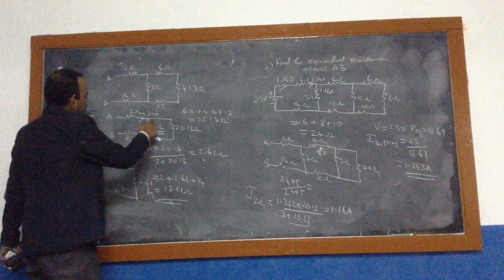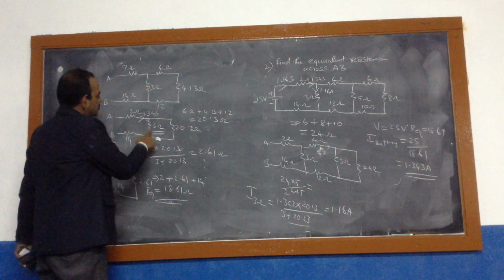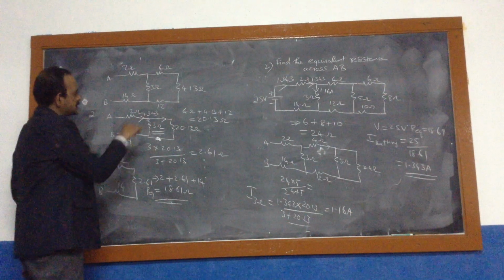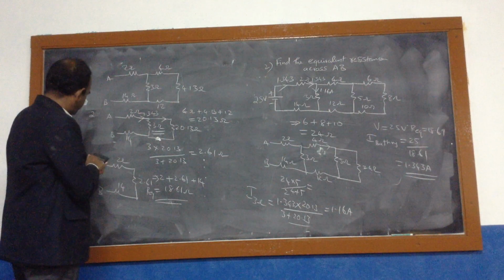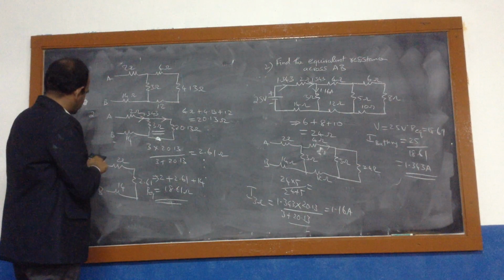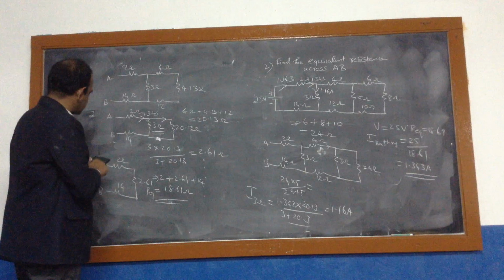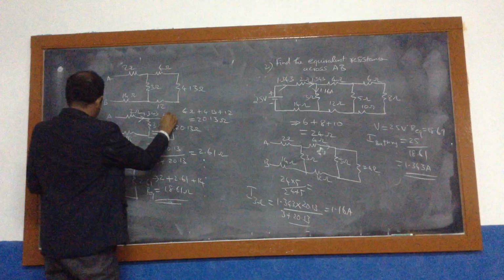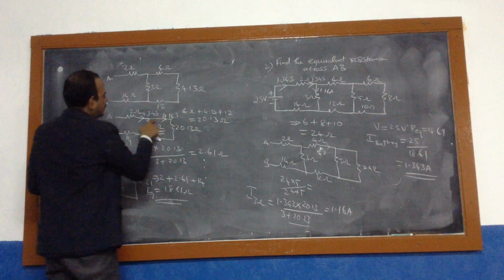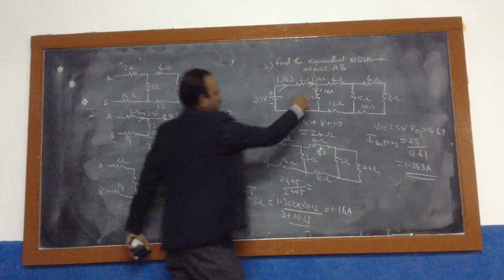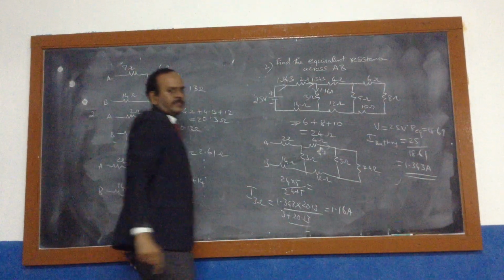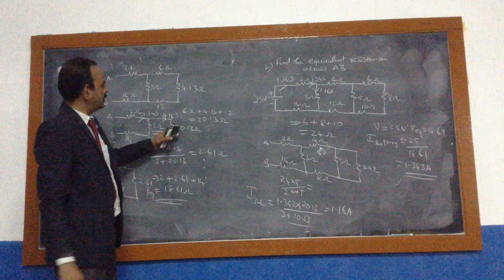Now the current flowing through 3 ohm is 1.16. The remaining current, what is that? Just subtract from the total current, 1.343, subtract 1.16. You will get 0.183. 0.183 is entering into the 20.13. This 20.13 is the equivalent of the rest of the resistances.